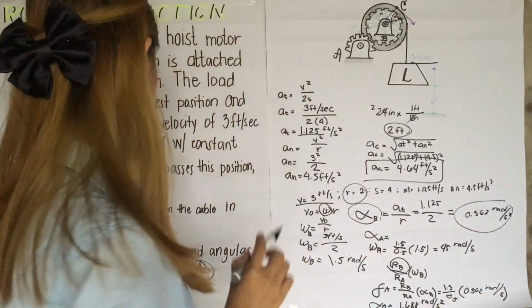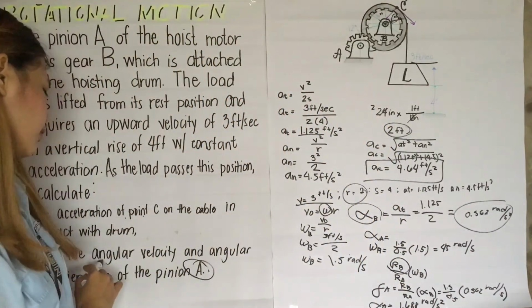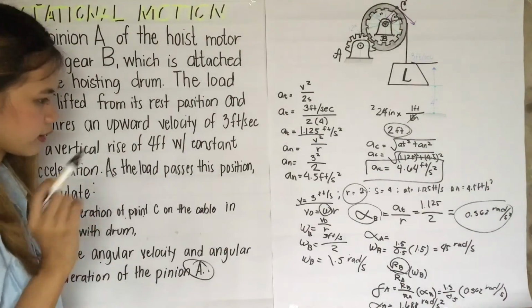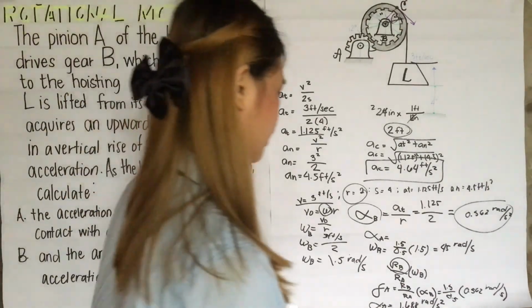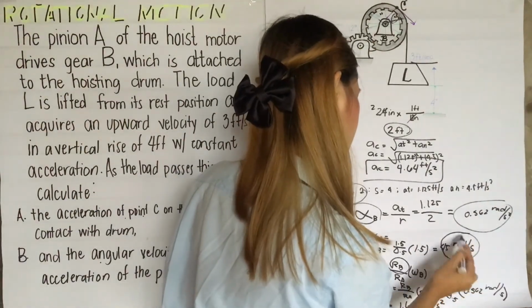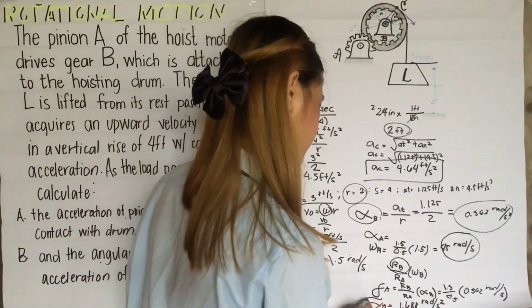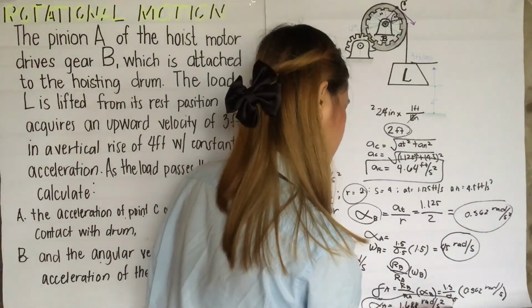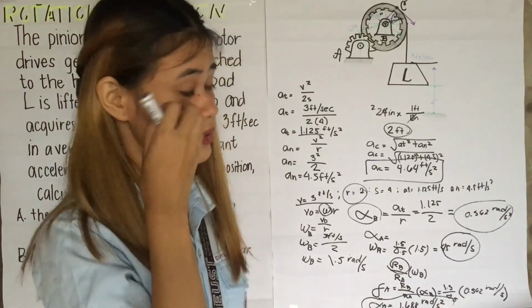So that is it, we have gotten the angular velocity and angular acceleration at point A, which are 4.5 rad per second and 1.688 rad per second squared.